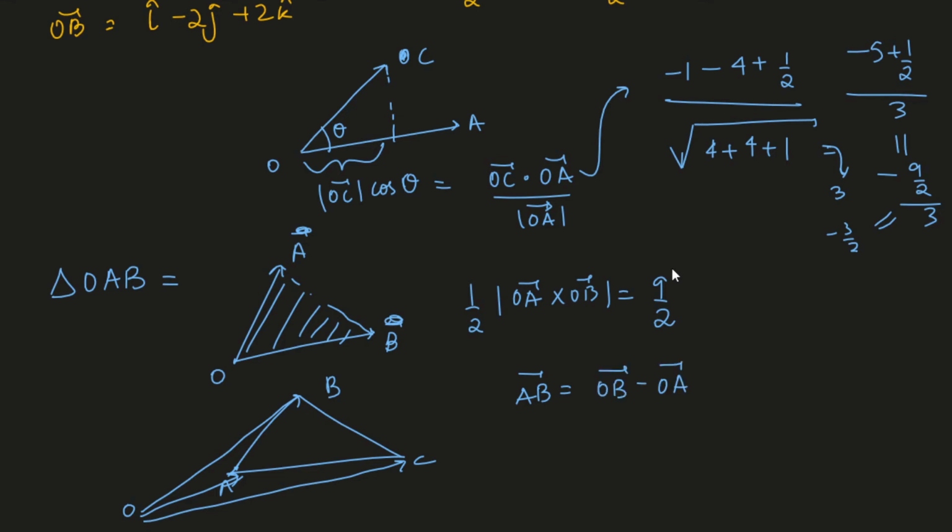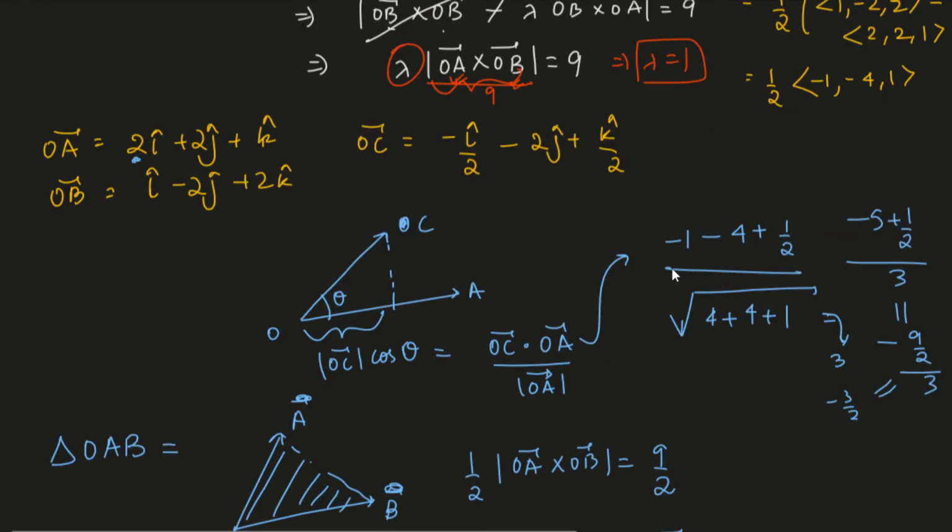Similarly, vector AC is equal to OC minus OA. We can also do the same thing for the third one, we don't really need to, but anyways, this will be OC minus OB.